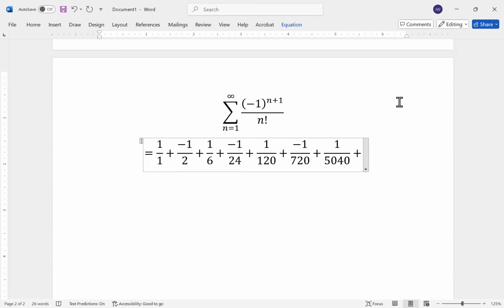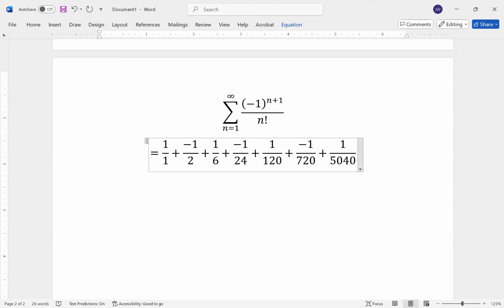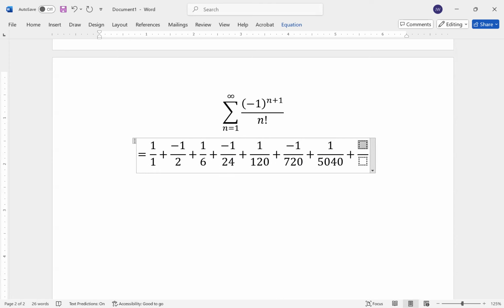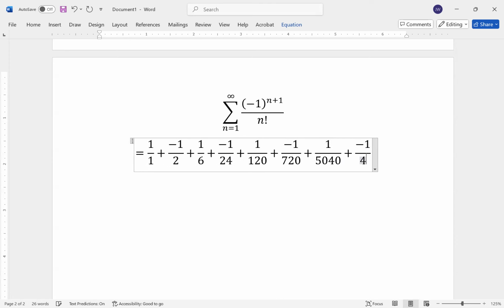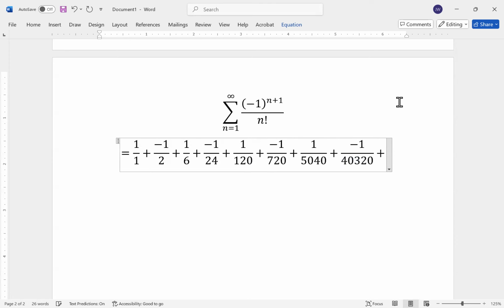And then if I plugged in an 8, I'd get 40,320, so I get negative 1 as my numerator over 40,320. I'll do maybe one more fraction there.